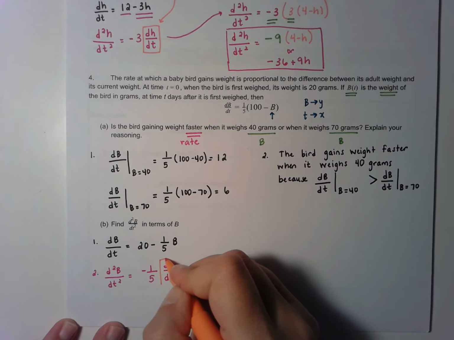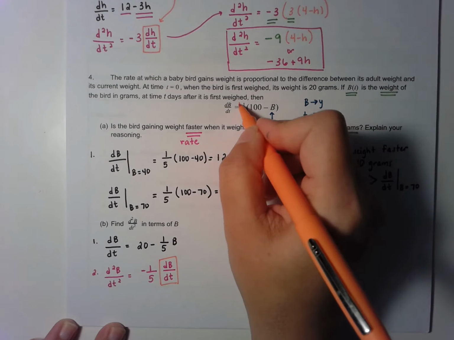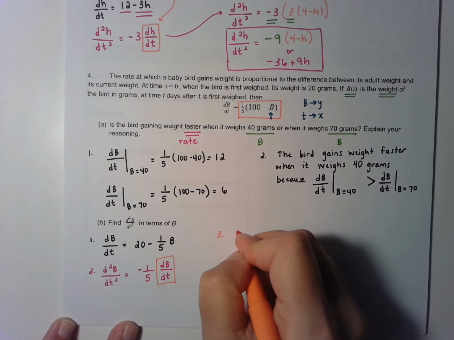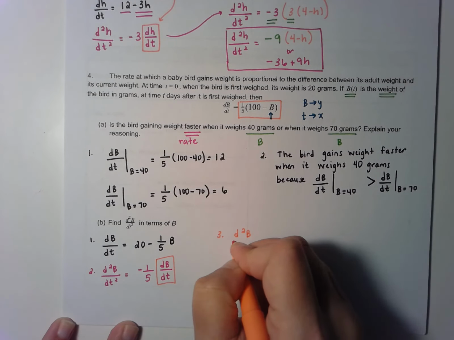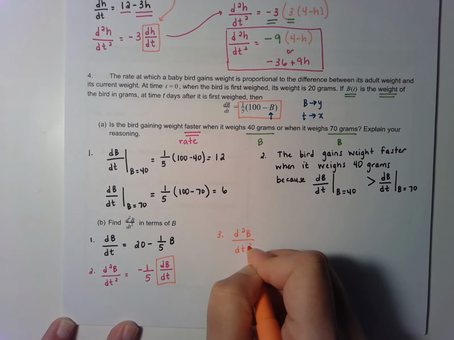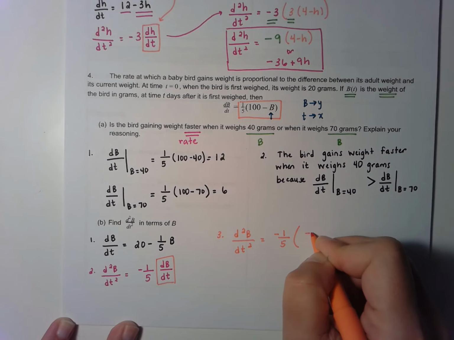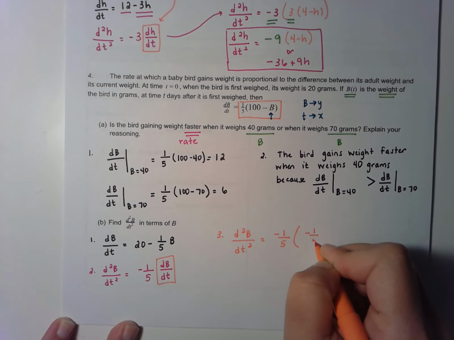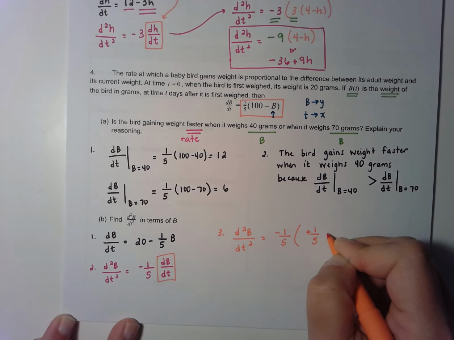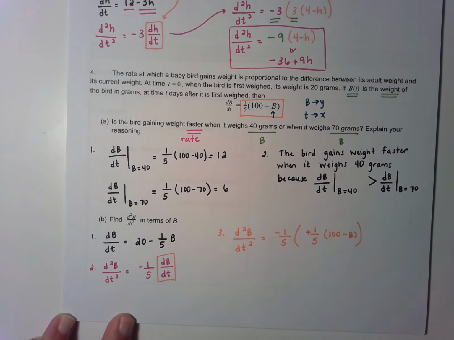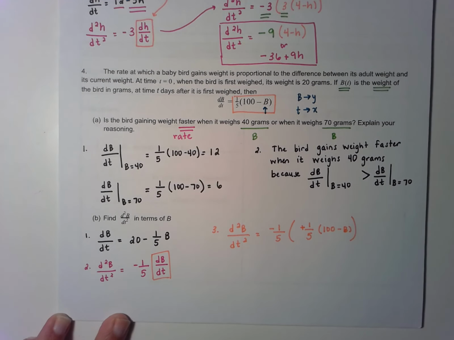Now I'm going to substitute. Instead of dB over dt here, I'm going to fill in the original equation. So the third step here would be d squared b over dt squared equals negative 1/5 times negative 1/5. Oops, sorry, positive 1/5. I can copy. Times 100 minus b. And last but not least, you can simplify this.